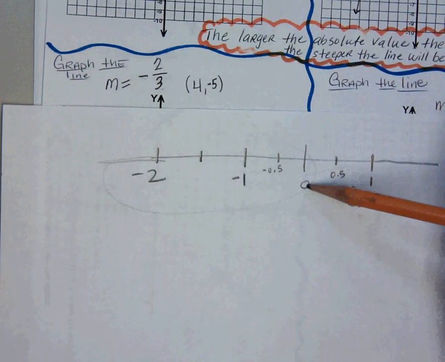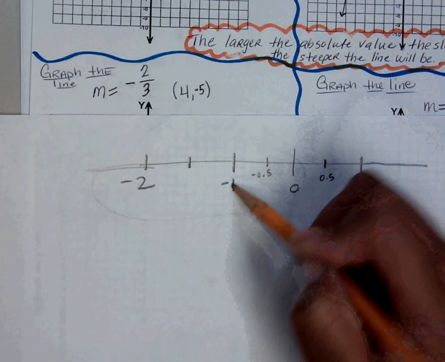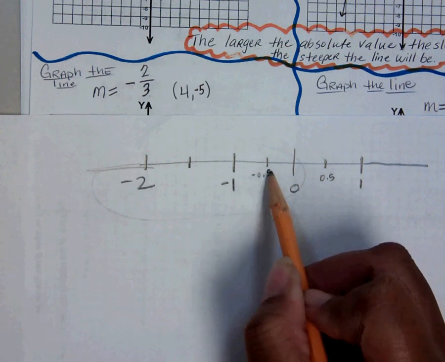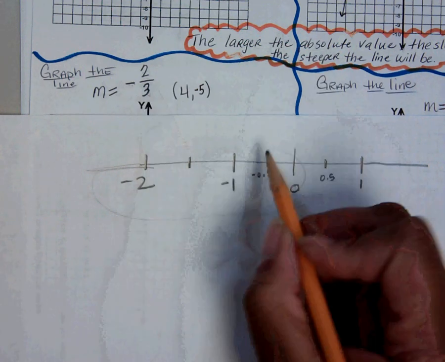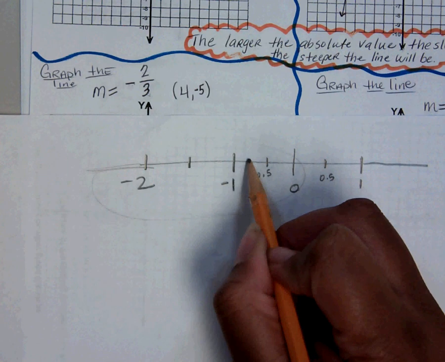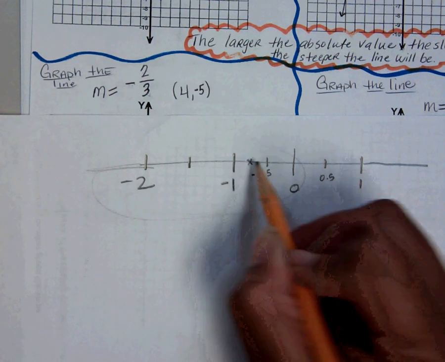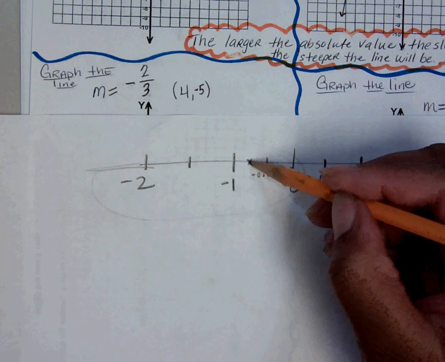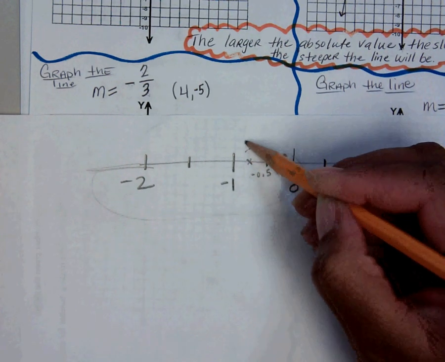The closer it is to 0, the bigger the number. So I see here that -1 and -0.5 are here. So this number, 0.6667, the negative of it would be right about here. Right? Or maybe a little to the right. So here is -2/3.